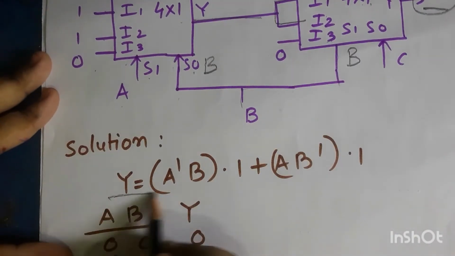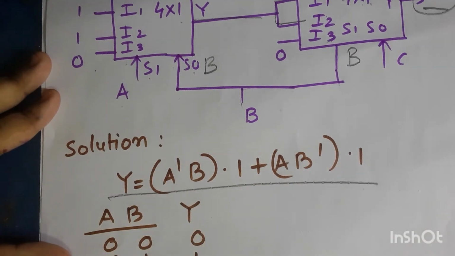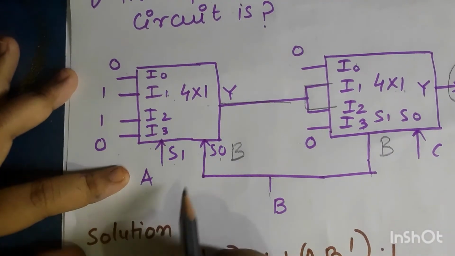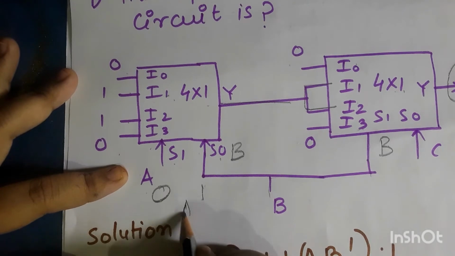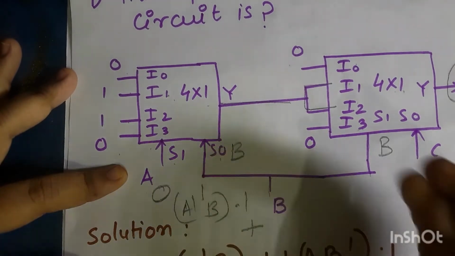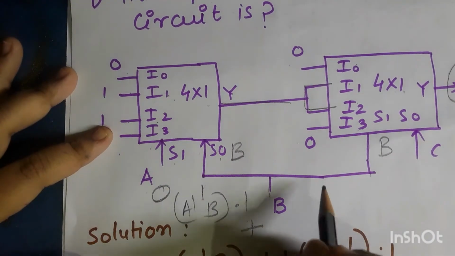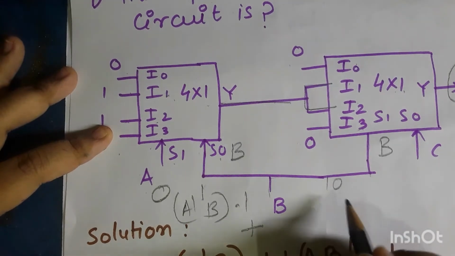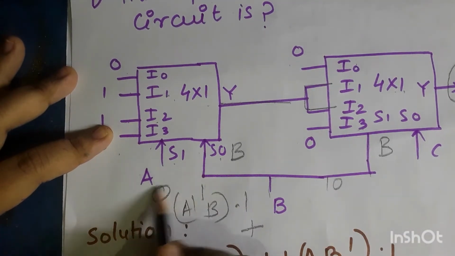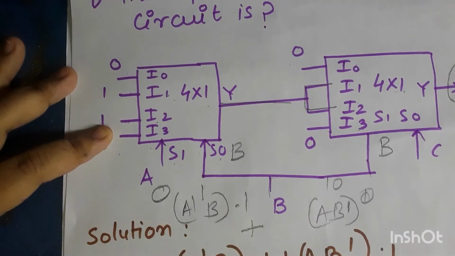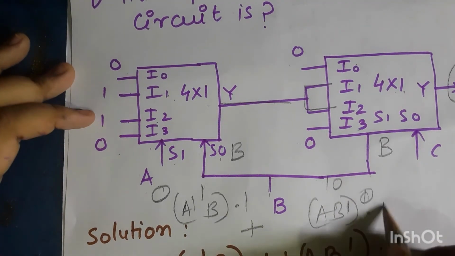Y we found as A dash B dot 1 plus A B dash dot 1. How is it? For I1, 0 1, that is A dash B dot I1 value is 1, plus for I2 it is 1 0, that is A B dash multiplied by I2 value 1.